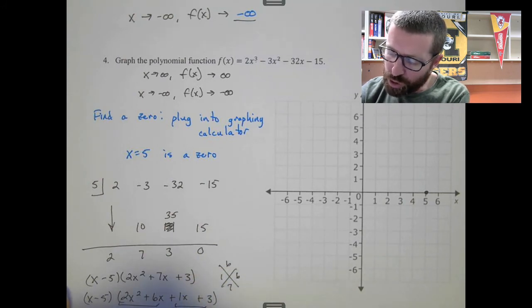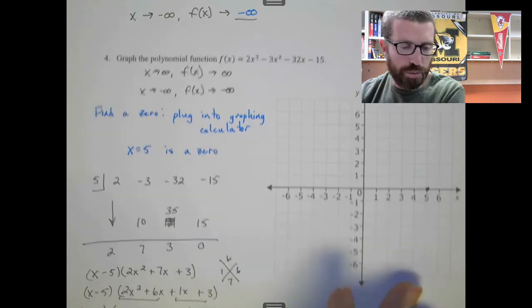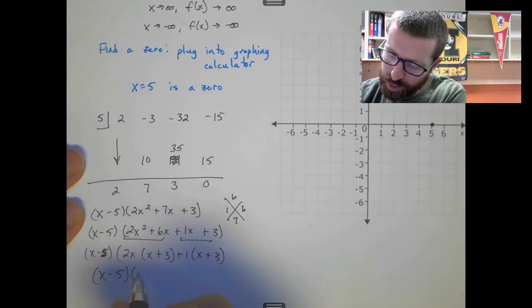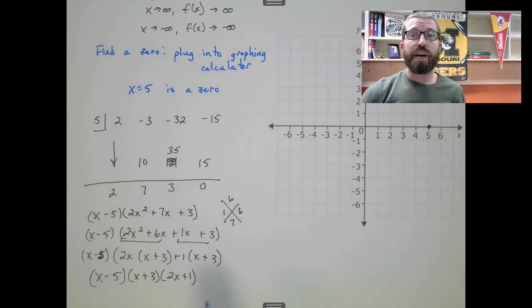You can take out a 2x, and then a plus 1. So now we are fully factored, and I need to move that up so you can see it probably.